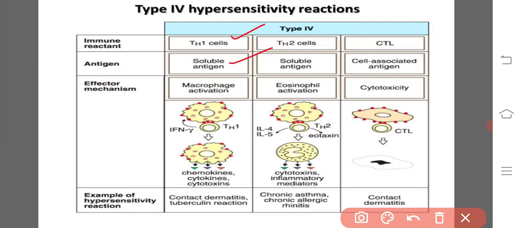The antigen is soluble and there is a macrophage activation, thereby release of chemokines, cytokines and cytotoxins that leads to the contact dermatitis as well as the tuberculin reaction. Here you can see contact dermatitis where there is involvement of the cytotoxic T lymphocytes. The effect is cytotoxicity.